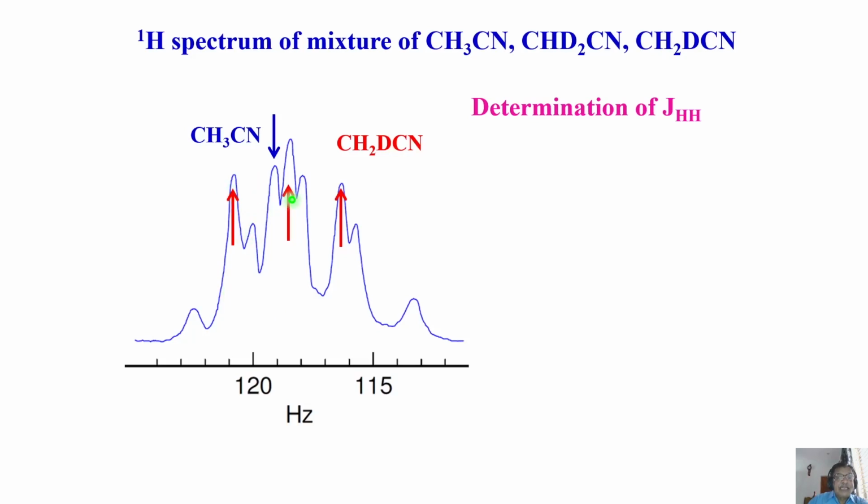We get 3 peaks of equal intensity, 1:1:1. Please remember, I said it is coupled to a spin-1 nucleus. As a consequence, these 2 protons are split into 3 lines of equal intensity due to the spin 1 of deuterium. Fine. So you can get this, and this is CH2DCN. You can already see there is the isotopic shift because of substitution of a single deuterium.